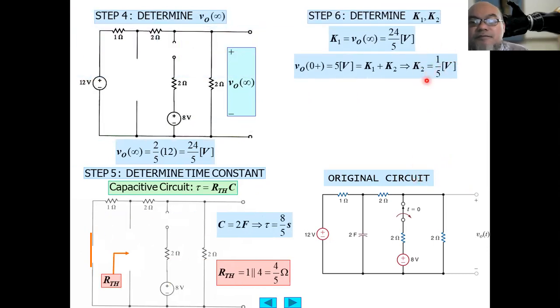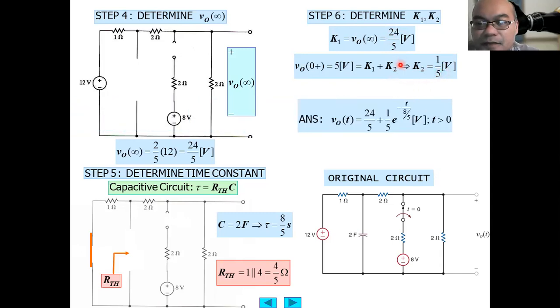From here we obtain K2 equals 5 volt minus 24 over 5, or 1 over 5 volt. So we can express the V output as 24 over 5 plus 1 over 5 exponent minus t divided by 8 over 5 volt.